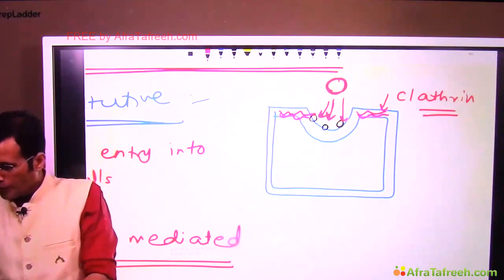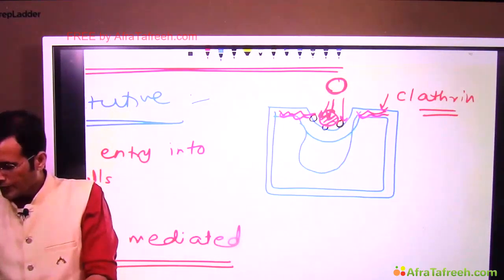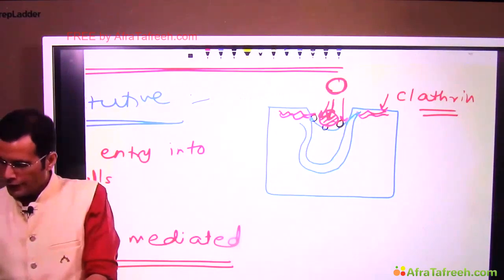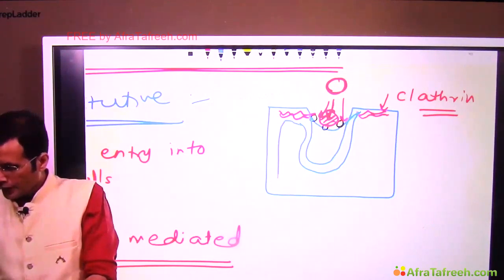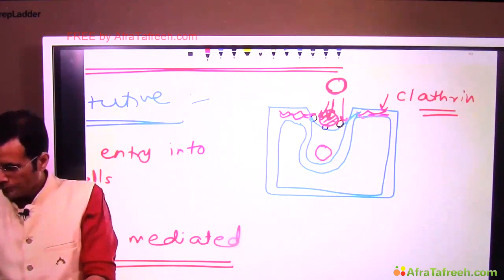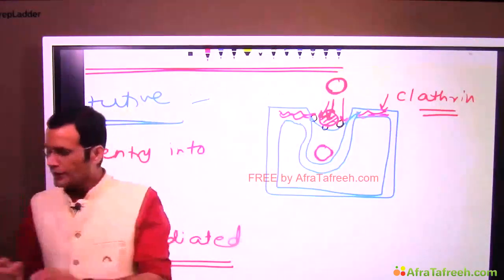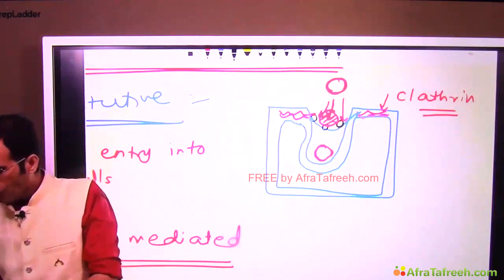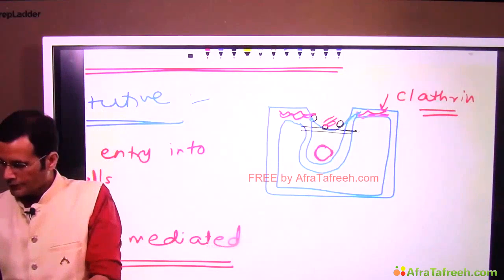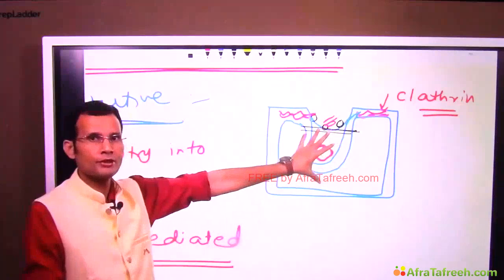So this has got bound to the receptor. Now the pit invaginates, that is, it becomes deep, and the substance has entered this invagination. Finally, a collar will be formed around the neck region of this invagination.